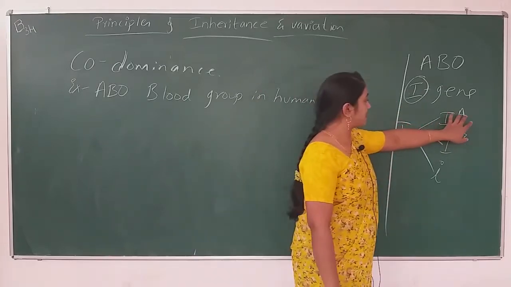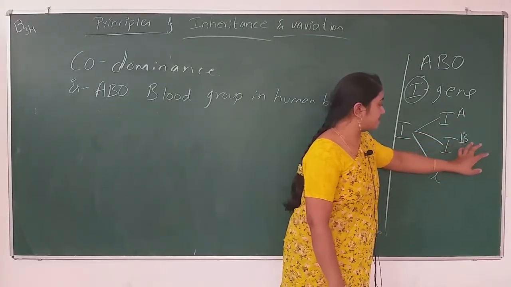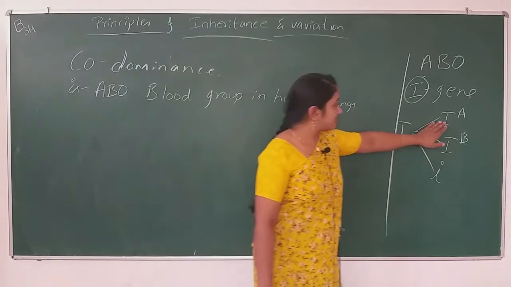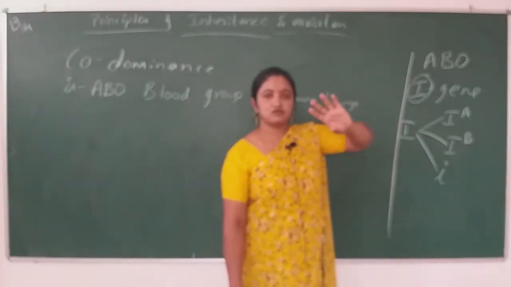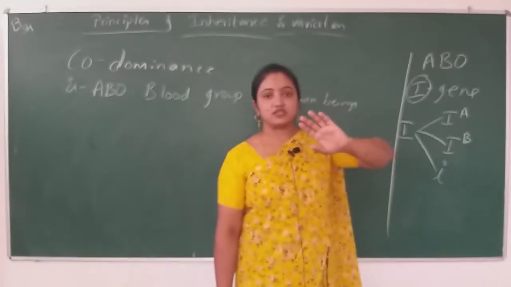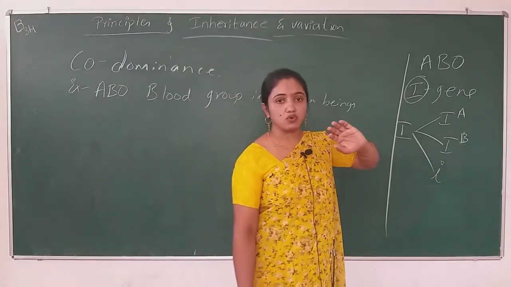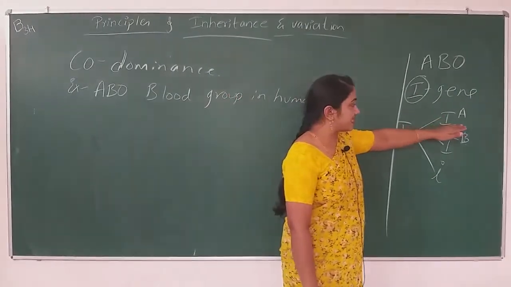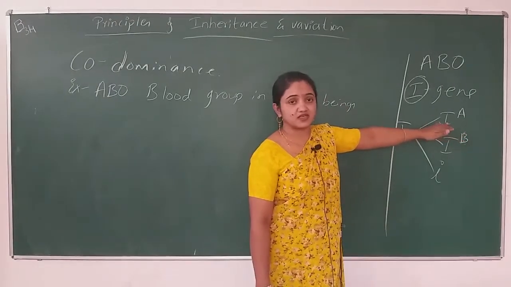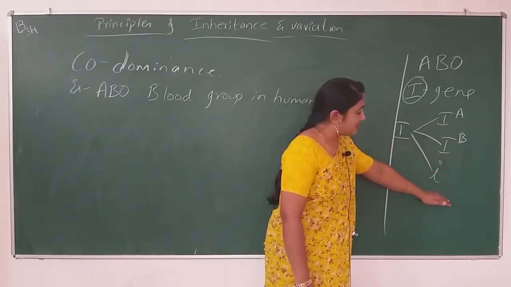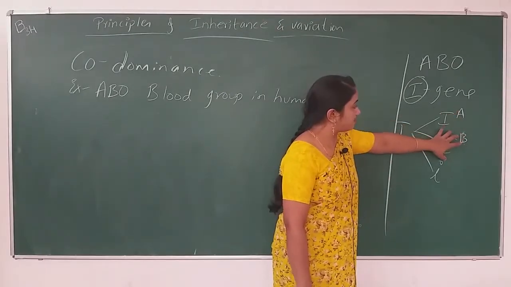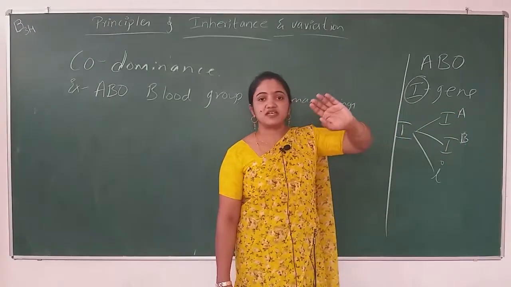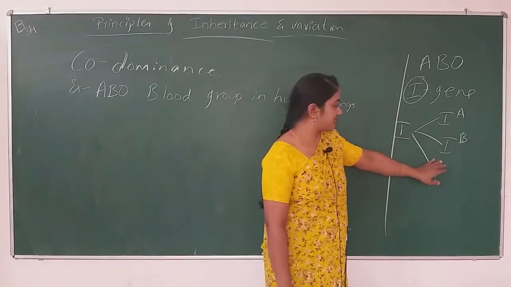Always I A and I B, these 2, dominate in nature. They always play a dominant role. They suppress the recessive one. I A or I B expresses itself and suppresses i.